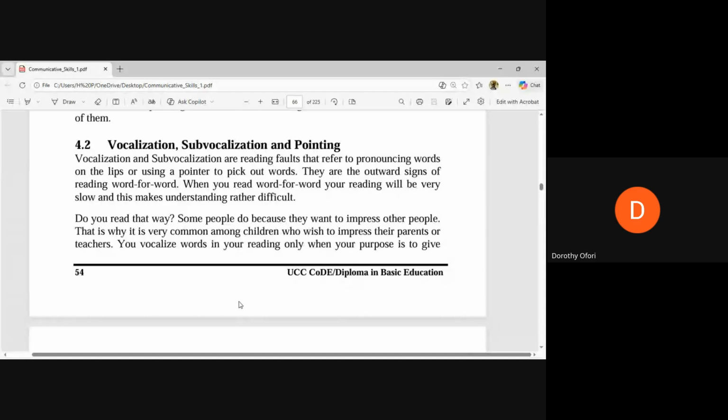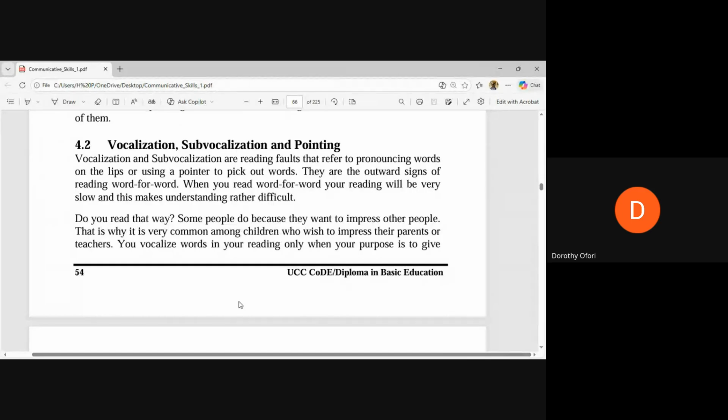When we are reading, for vocalization and sub-vocalization, we pronounce words on the lips or use a pointer to pick out words. So these are signs of reading word for word.